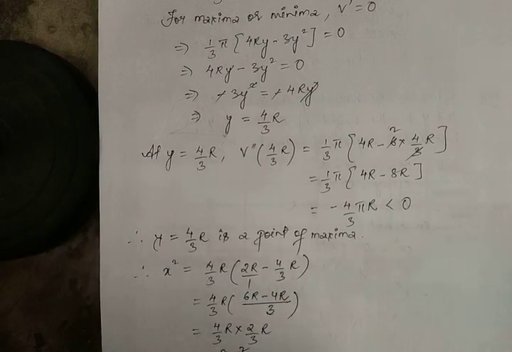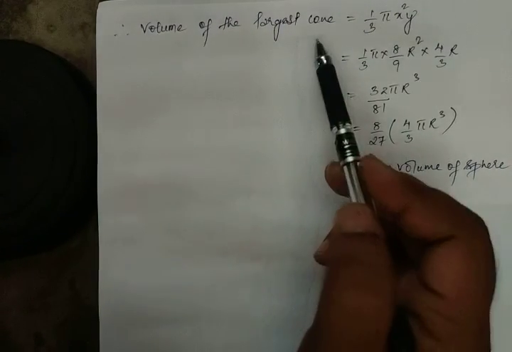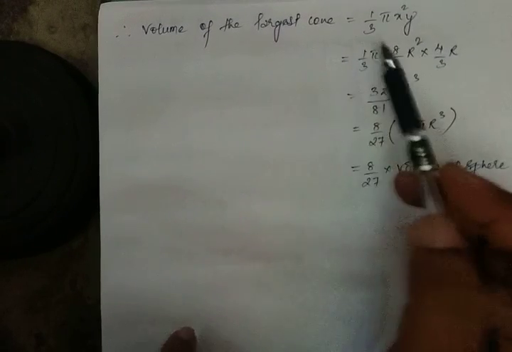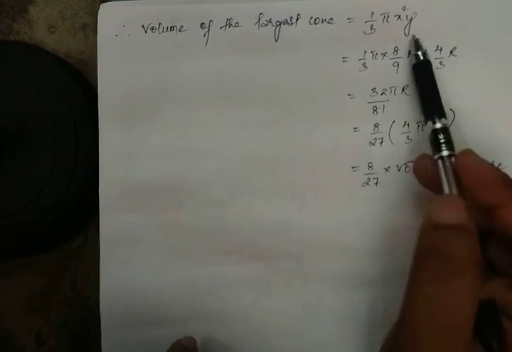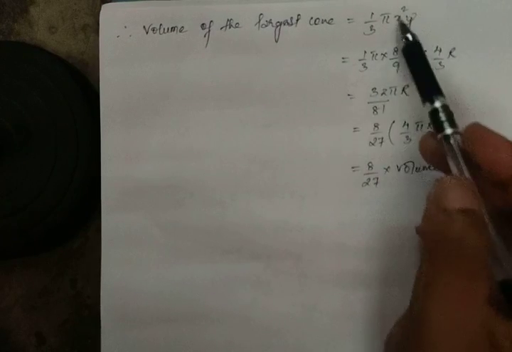Volume of the cone. As you can see, the volume of the largest cone is what we have to find, right? What will be the volume? The formula is 1 by 3 pi x square y, I've already given in the first part. So now let us put the value of x and y.